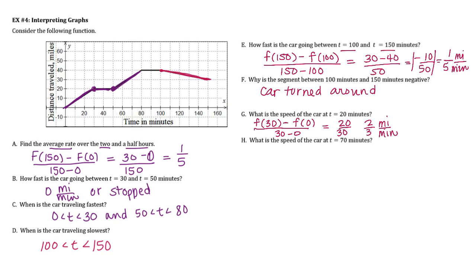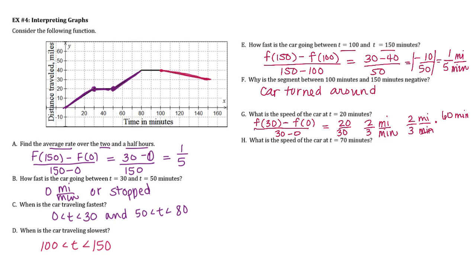And really 2/3 miles per minute, that's not just a normal measurement. If we really wanted to know, because we're used to saying miles per hour, so if we took 2/3 miles per minute and I multiplied this by 60, because I know in 60 minutes there is really 1 hour.